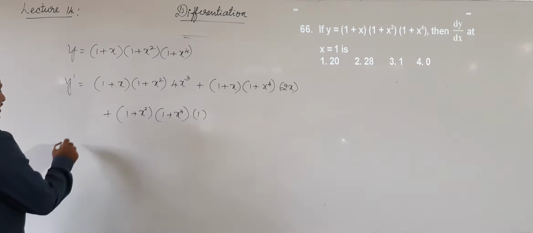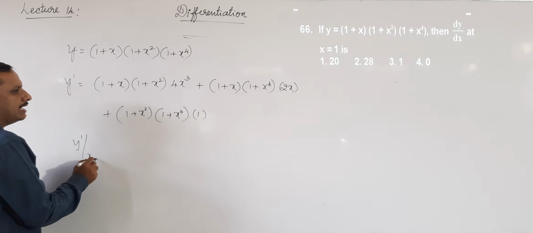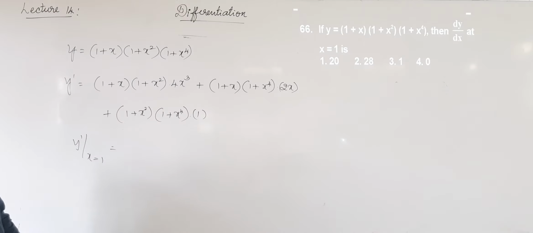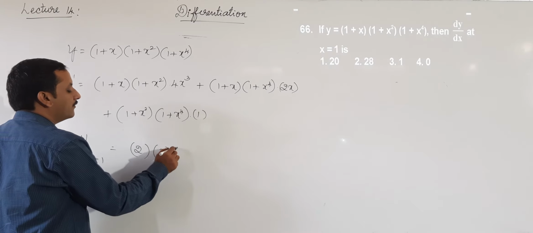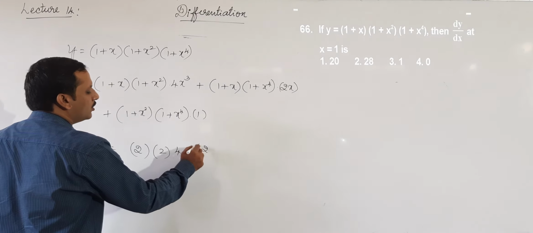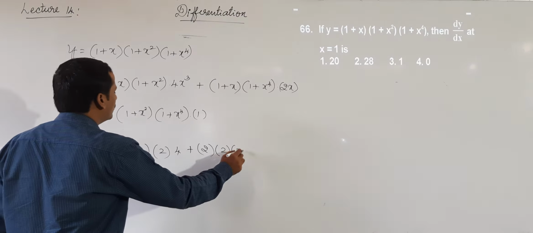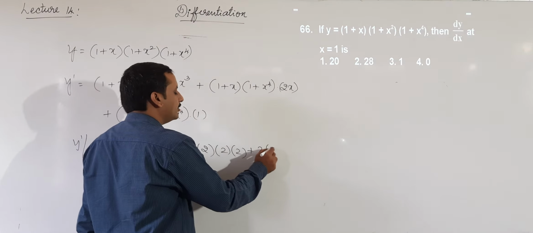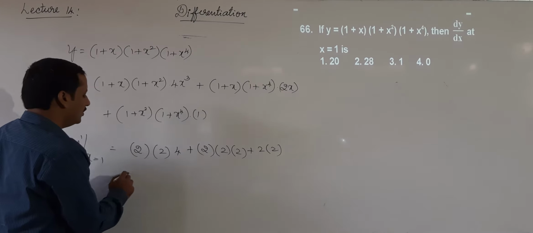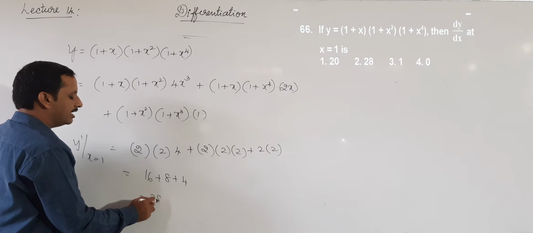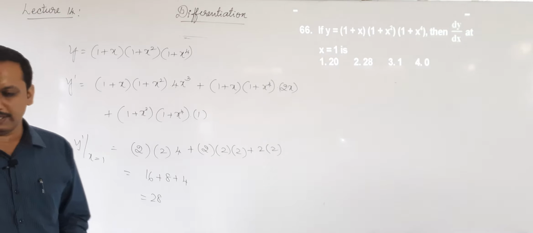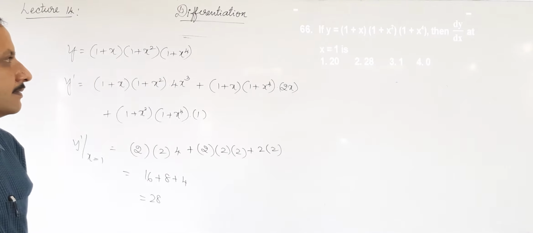We want the derivative y dash at x equal to 1. Put x equal to 1 here: 1 plus 1 is 2, here 2, here 4, plus 2 into 2 into 2, plus 2 into 2. That will give you 4 into 4, 16, plus 8, plus 4, sum is 28, which is the second option.